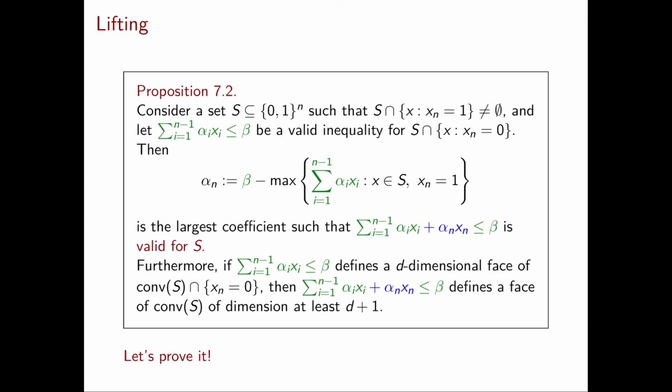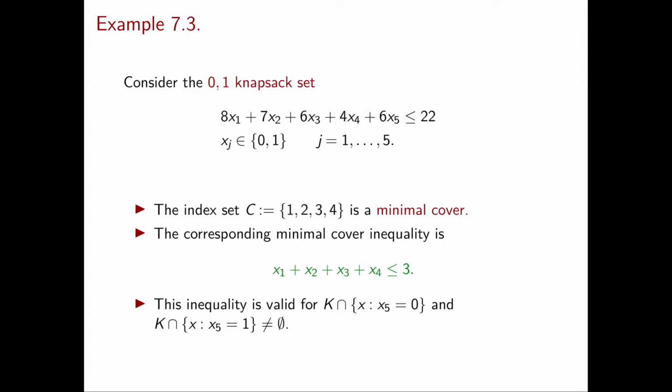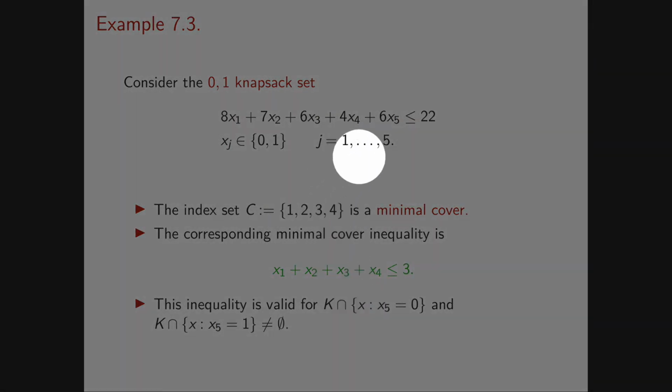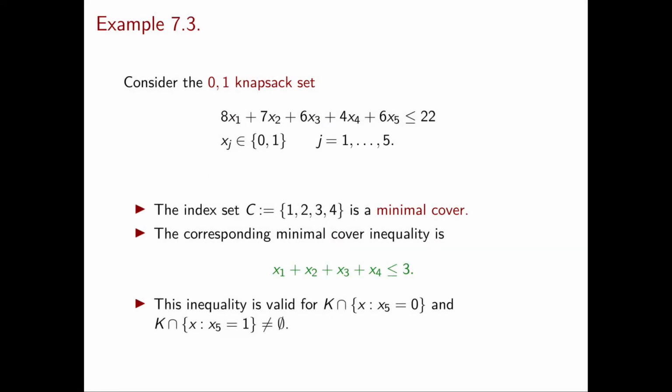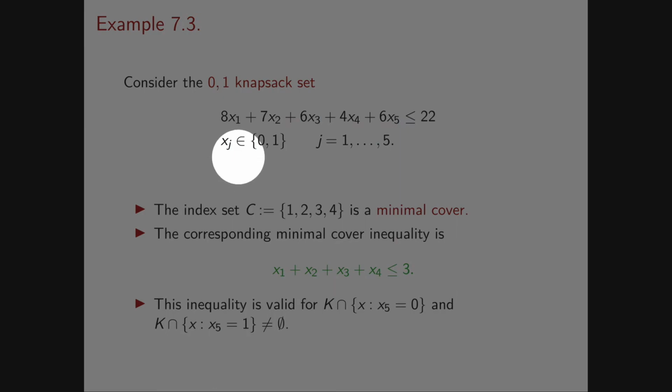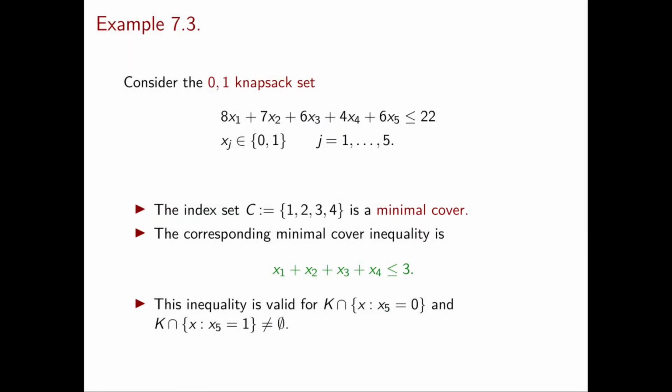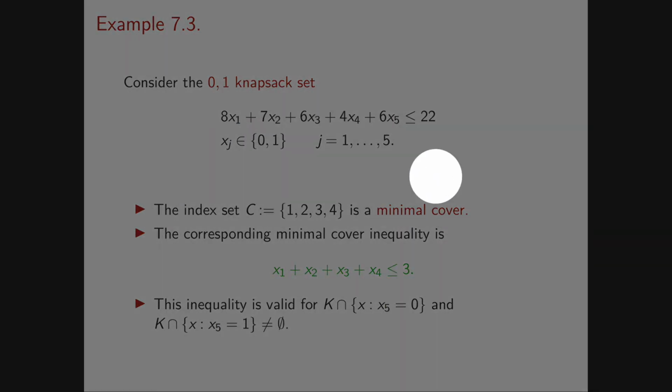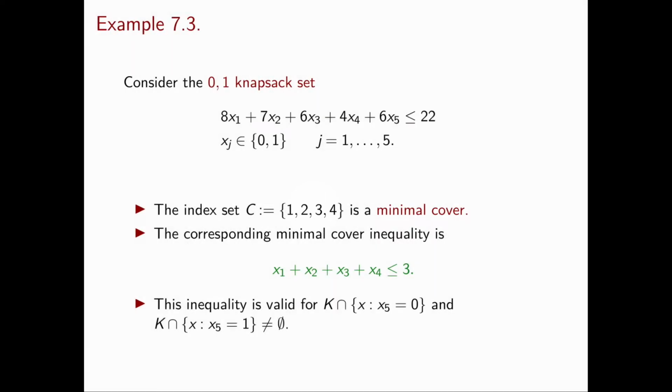Now that we've understood our lifting proposition, let's look at an example. So let's get back to knapsack sets. Here we have a 5-dimensional knapsack set. We have binary variables, of course, and this one is our knapsack inequality. Now let's pick a minimal cover for this set, and we claim that 1, 2, 3, 4 is indeed a minimal cover, and you can check that.